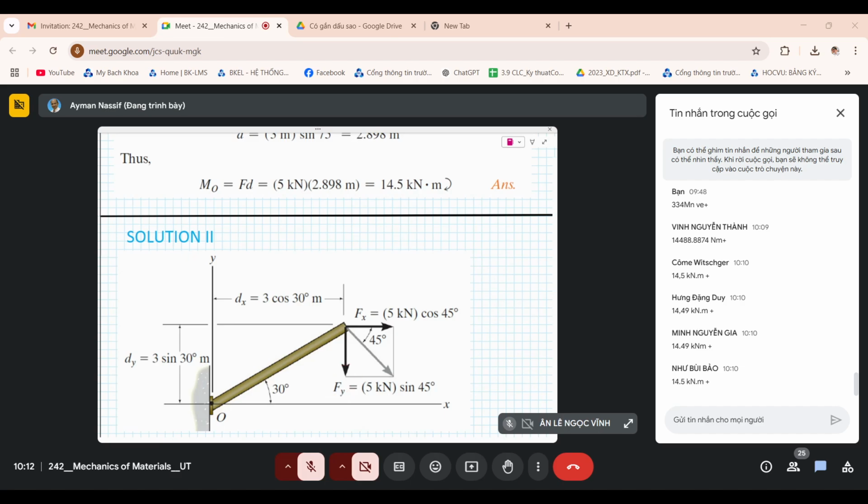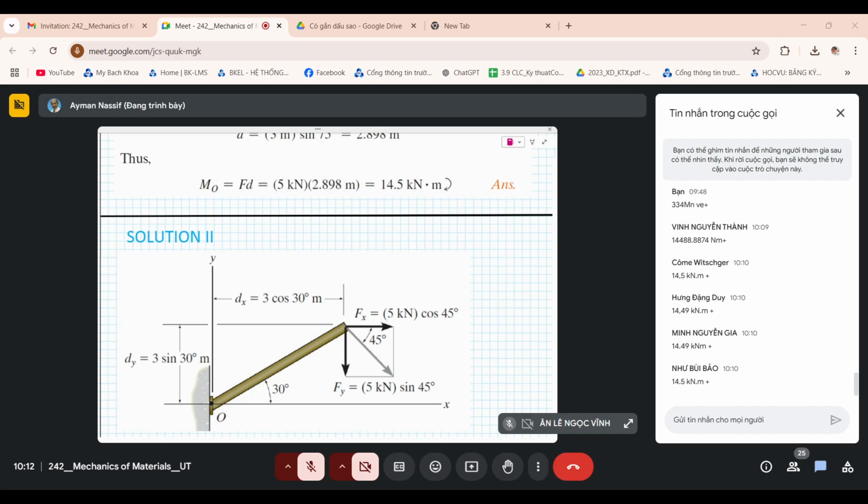And of course, you can calculate the distances, the arm of Fy, which is dx, 3 cosine 30, 30 is here. And this is the arm of Fy, and this is the arm of Fx, which is dy.